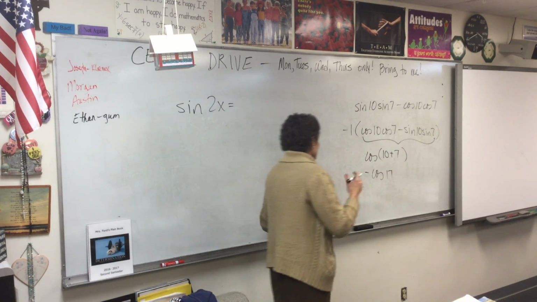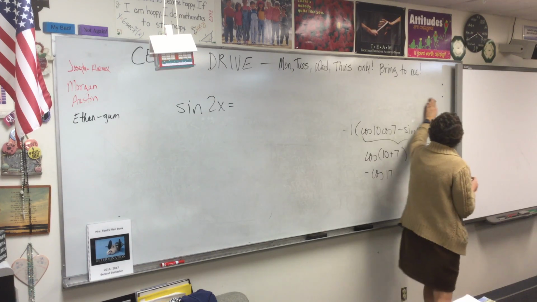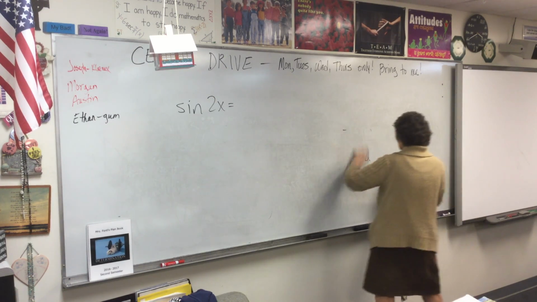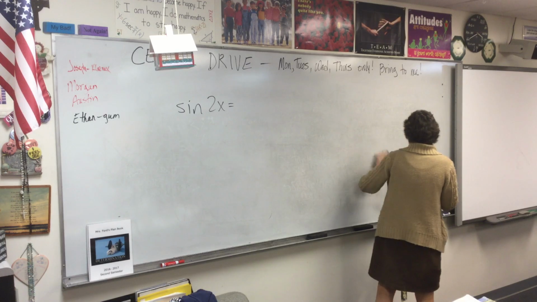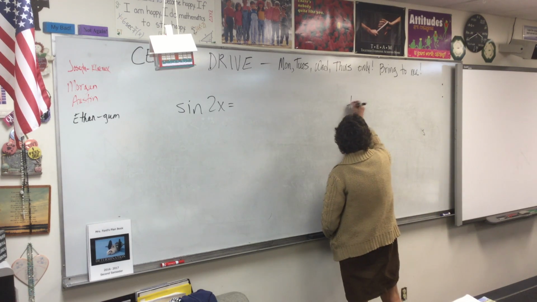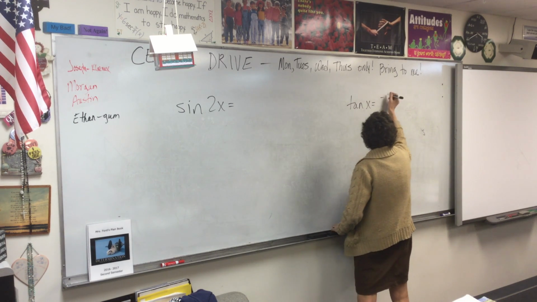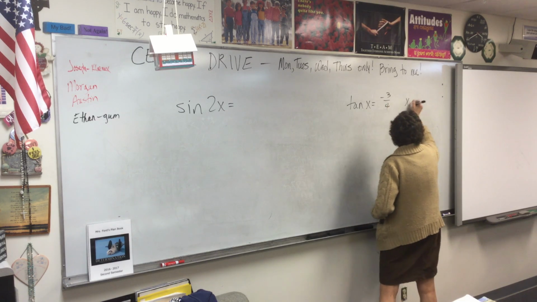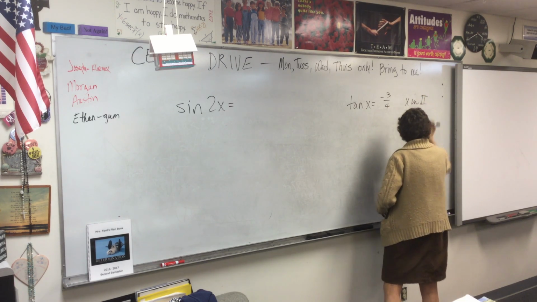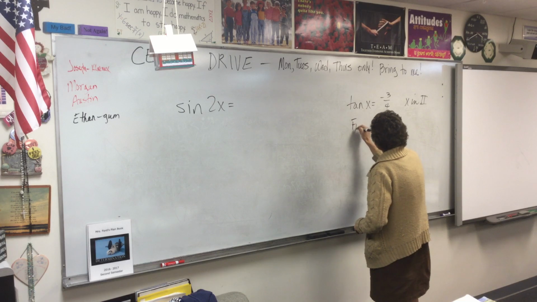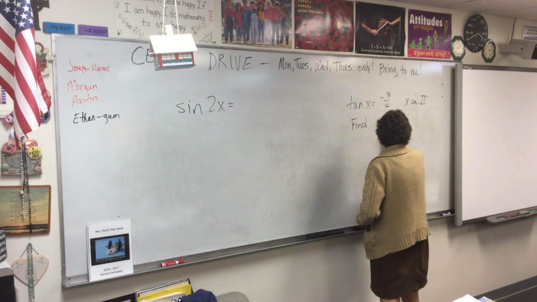One, the most basic kind of problem is this. Tan x equals -3/4, x in quadrant 2. Find sine 2x.